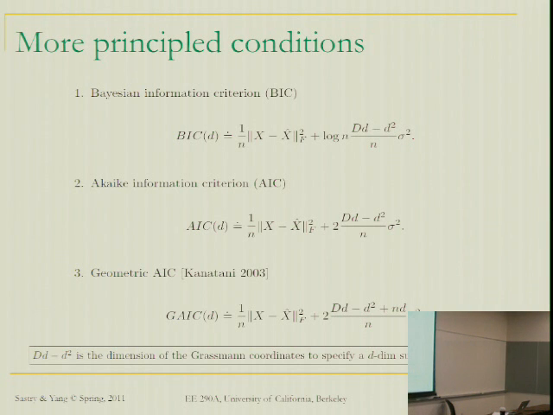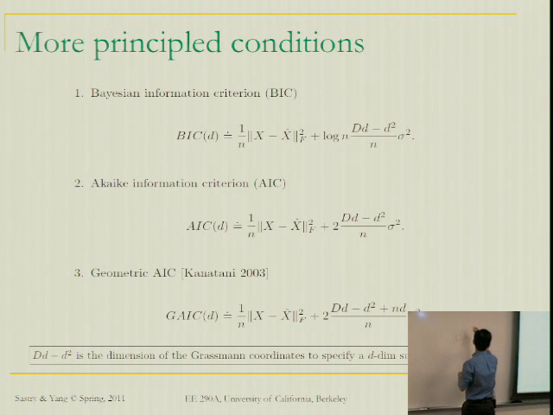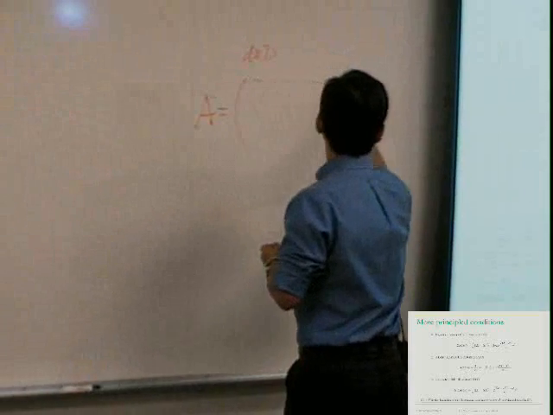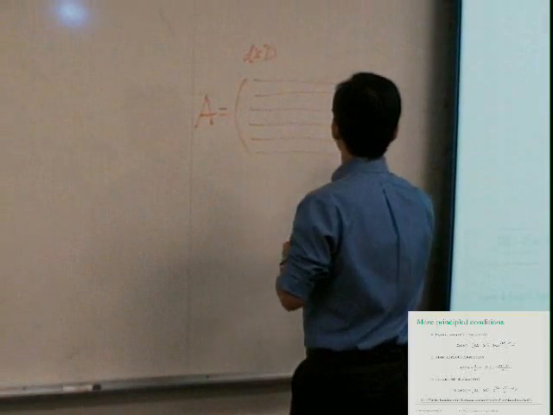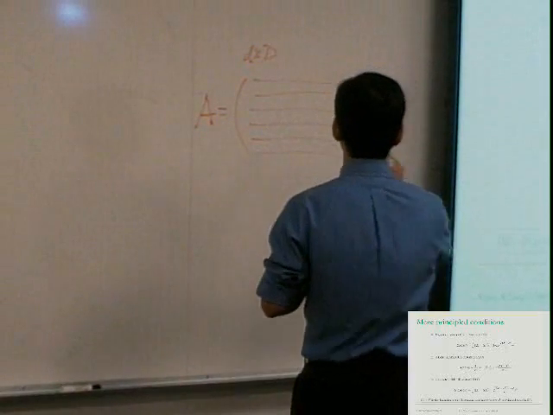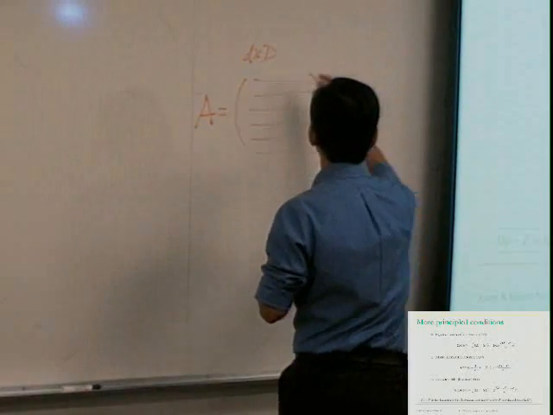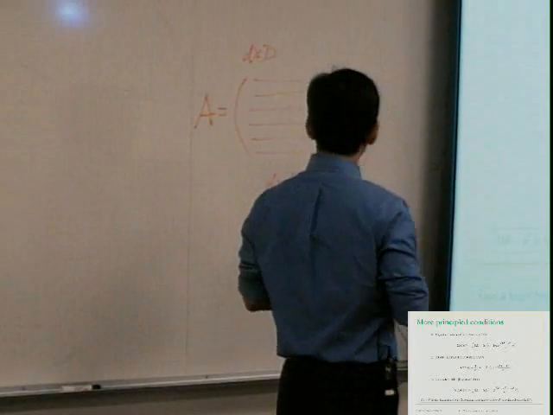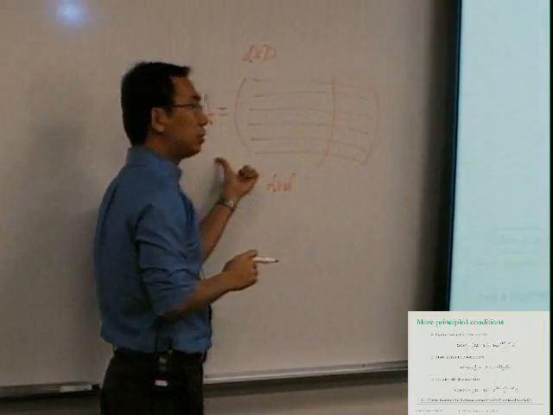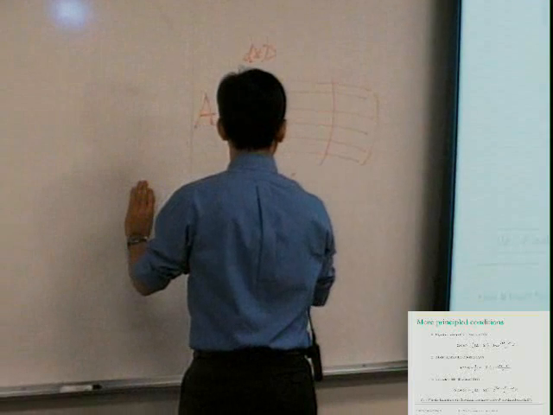so let me write in here. Suppose you have an A matrix in here. This is, let's say, small d times capital D, so they're row vectors. What you can do, remember, is to look at the first d times d dimensional submatrix, and use Gauss elimination.